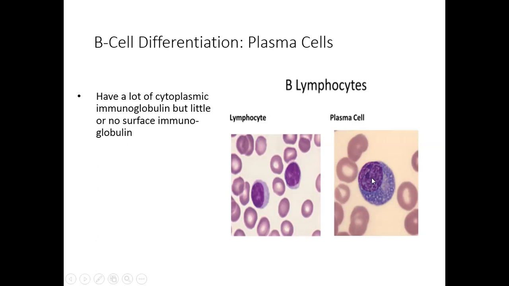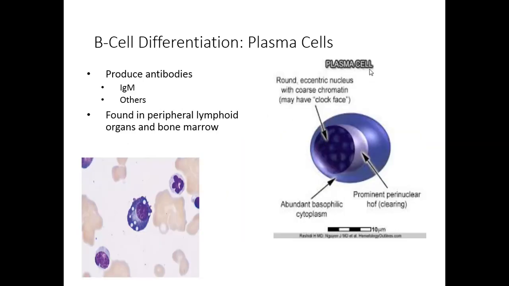In a plasma cell, you get a kind of clumpy nucleus. That's what this is supposed to be representing here, clumps of nuclear material. Coarse chromatin pattern. They call it a clock face. If you ever hear someone say, oh, what cell has a clock face? They're trying to tell you that it's a plasma cell. I'm not so sure, but feel free to use that definition if it works well for you.